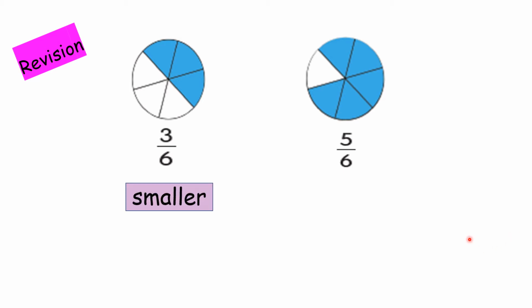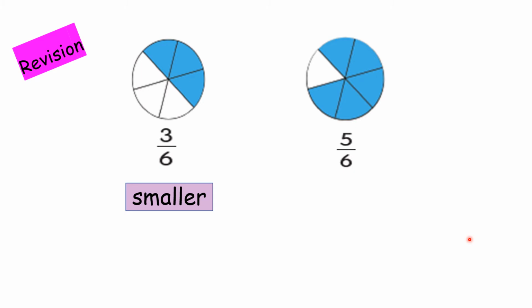Now let us revise how to compare fractions. The first one is 3/6, and this fraction is 5/6. If we compare 3/6 and 5/6, we can say that 3/6 is smaller than 5/6.